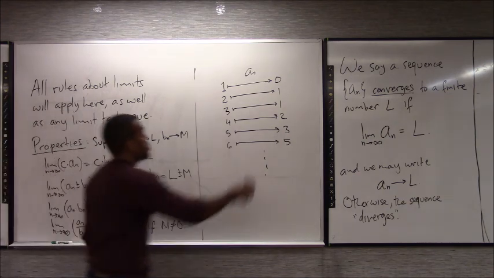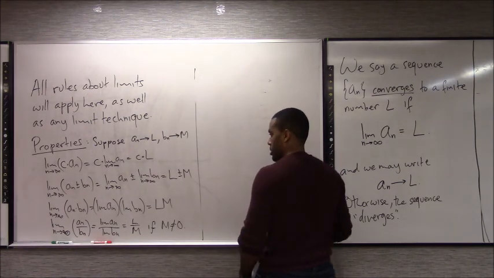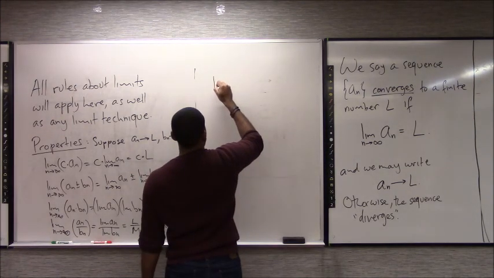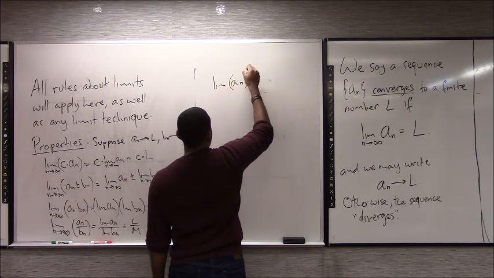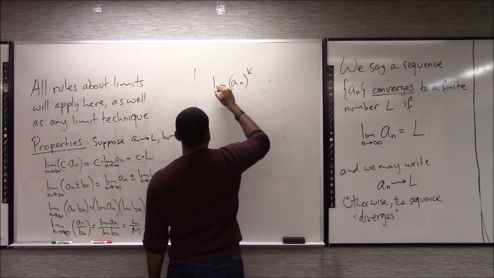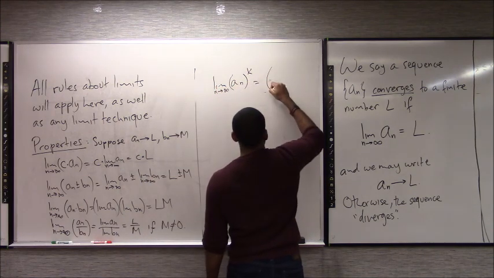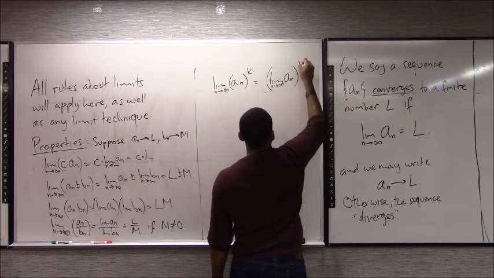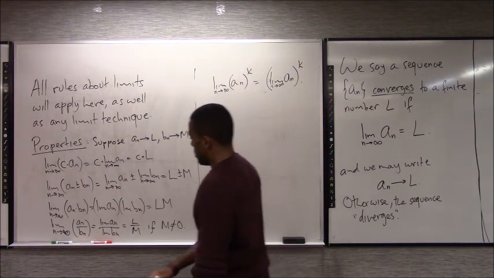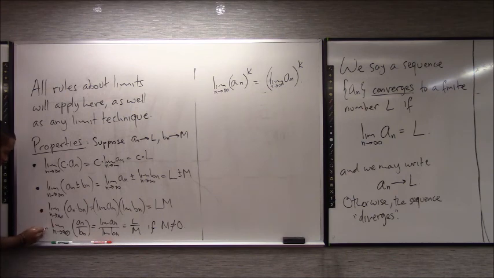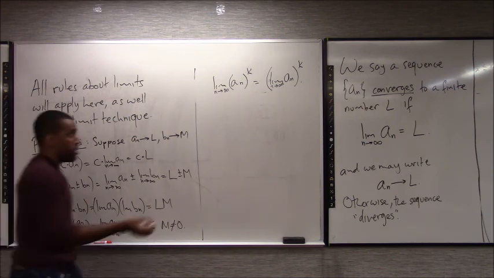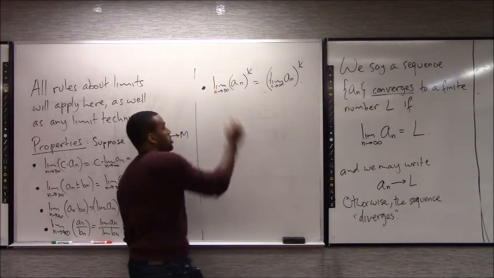And you can move limits inside of powers. So all of those things are still true. So if you want the limit of a_n raised to some positive power k, this is just going to be the limit of a_n raised to the k. So all these properties still hold. So the limits with sequences, they behave just like limits of real numbers, almost.